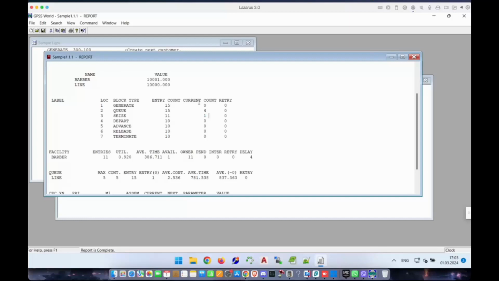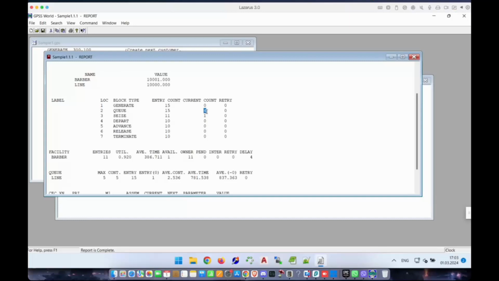For example, here we have 4, and we can imagine this as 4 clients still waiting in the line. So the last command for them was taking place in the line.